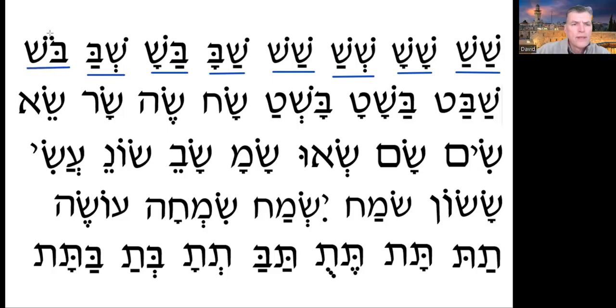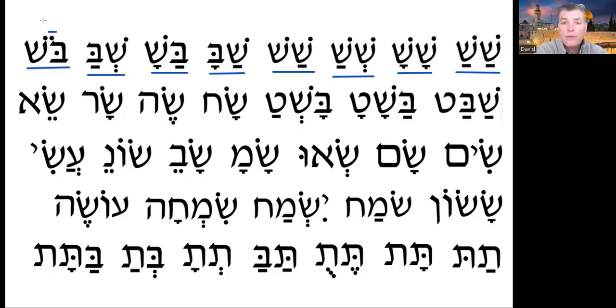Bosh. You want to pay attention here. There's a little dot that appears to the upper left of the bet, and that is called a cholam kal. It's a light cholam. Some grammars may reference it as cholam defectiva. It makes the same sound O that the cholam vav makes.